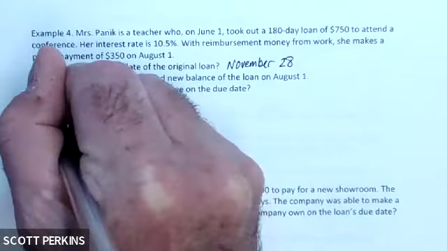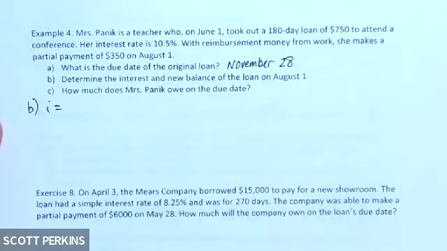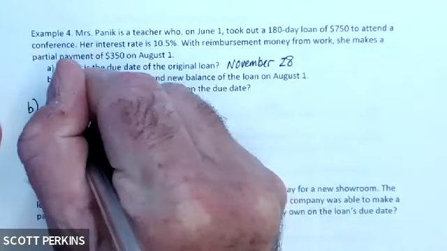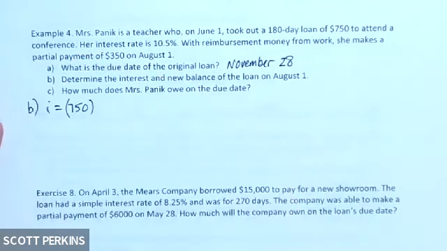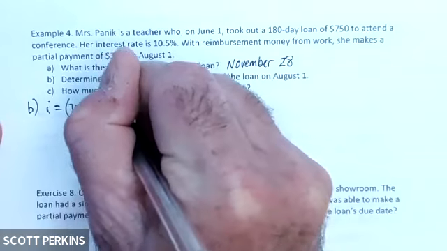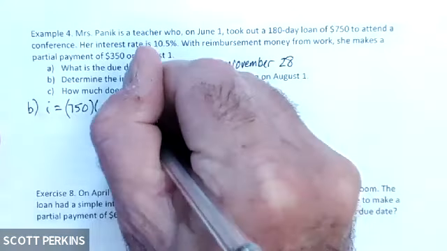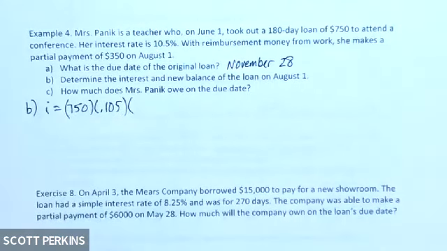The interest that Mrs. Panic owes is the principal, which is $750, times the rate, which is 10.5%, so 0.105, and times the time. Now we need to figure out the time that's gone by from June 1st to August 1st.